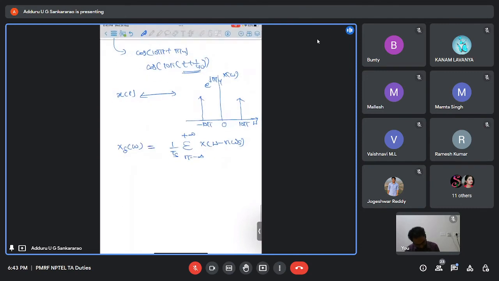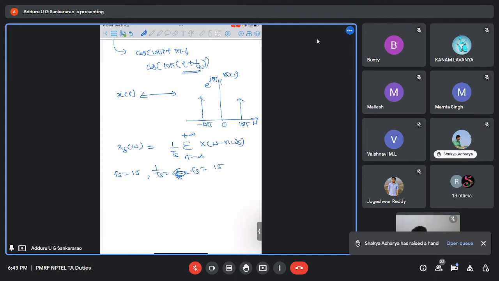So in the problem Fs is given as 15 Hz. So Ts is 1 by Fs. Sorry, 1 by Ts we want. 1 by Ts is the same as Fs, so 15 only. And what about omega s? Omega s is 2 pi into Fs, so 2 pi into 15, that is 30 pi.